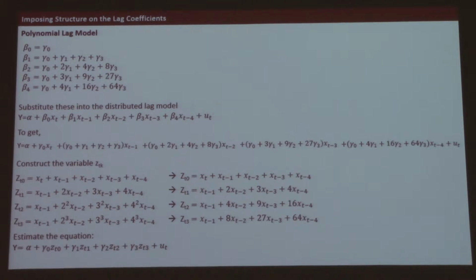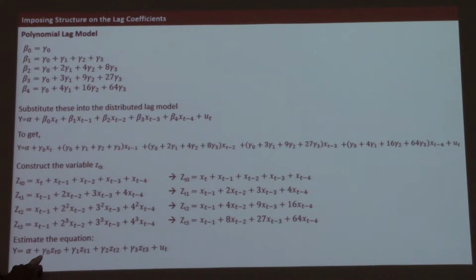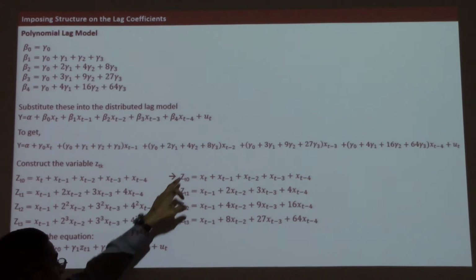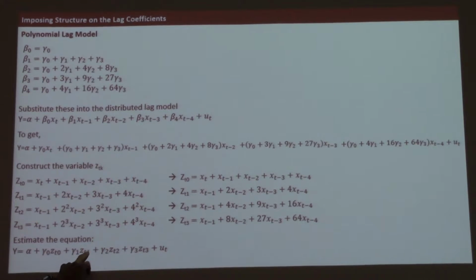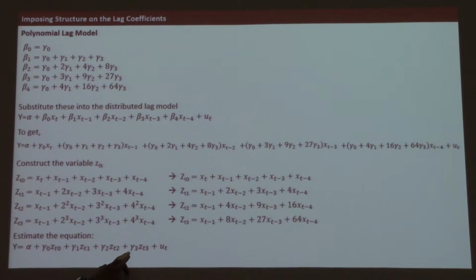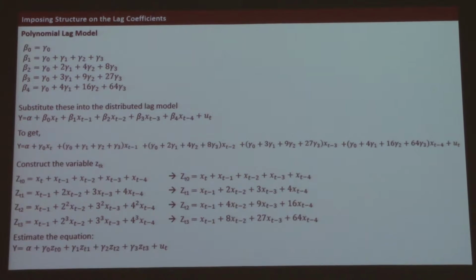Once we define those z's, then we have, in essence, a constant, and we've already defined Z_T to be that, Z_T1 could be that, Z_T2 could be that, and Z_T3 to be that. And this is what we run in Stata after we've defined them.